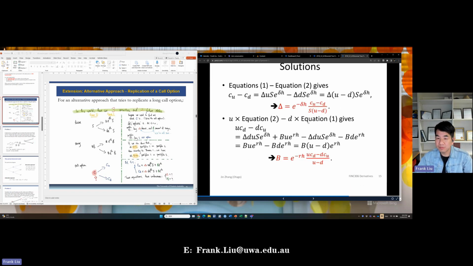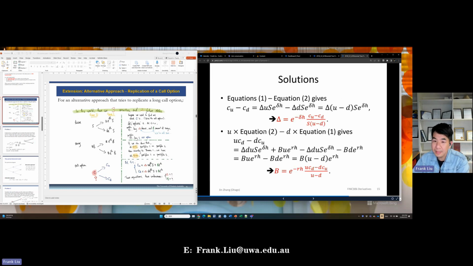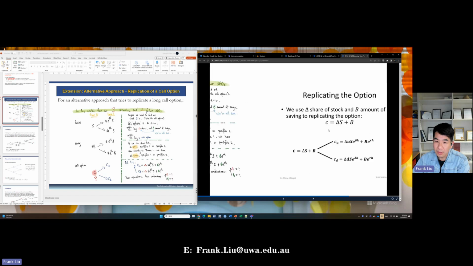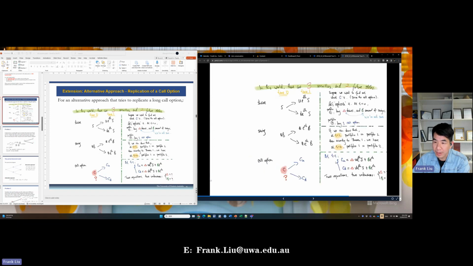And there are a number of different ways to do this. And if we trust the math over here, then B equals e to the power minus RH times this, all right? And that looks familiar to what we have seen in the lecture notes. And then the last thing here is that having worked out what delta and B are, you can just work out what the call option price is.